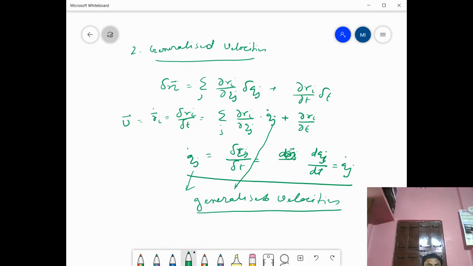I should stop here. In the next class, I'll discuss quickly the other generalized notions, that is generalized force and generalized momentum, give some illustrations with a few examples, and then finally I'll derive Lagrange's equation from D'Alembert's principle.